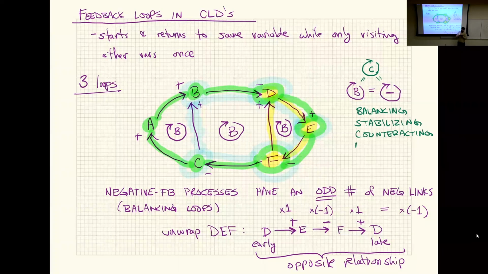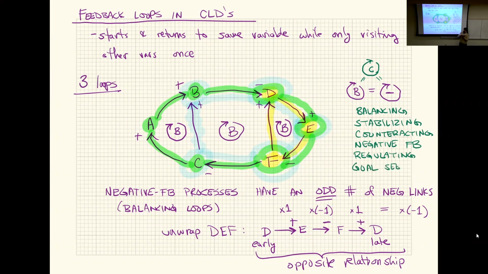Of course, negative feedback is another one. Am I missing any? Regulating and goal seeking are other terms that you see for this. So if you see any of these terms, that should trigger a synapse to think negative feedback.